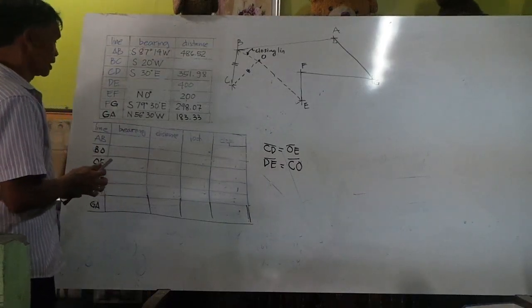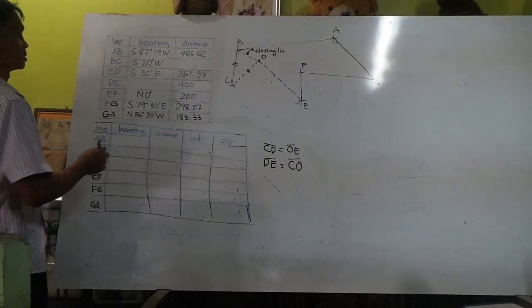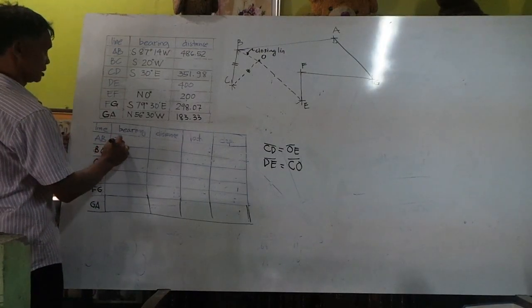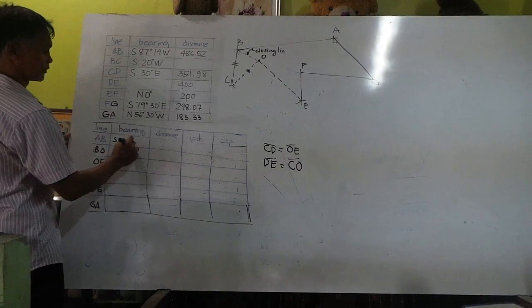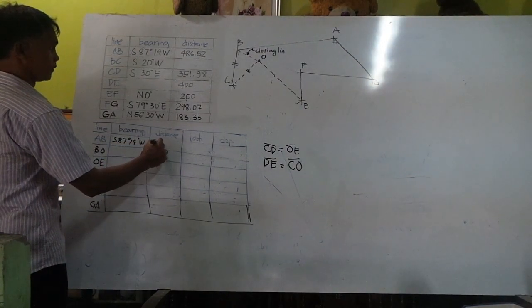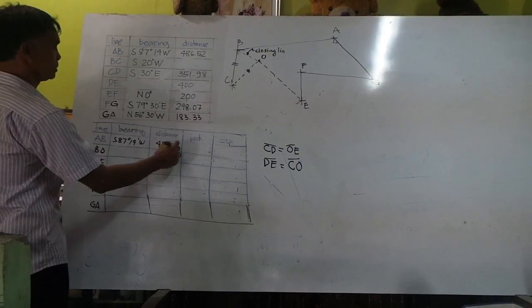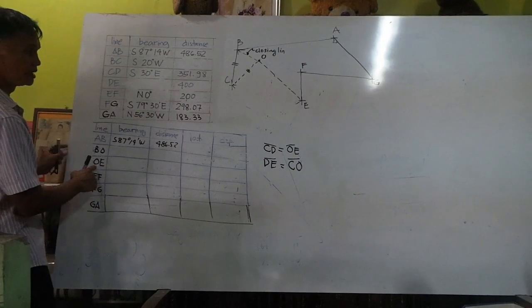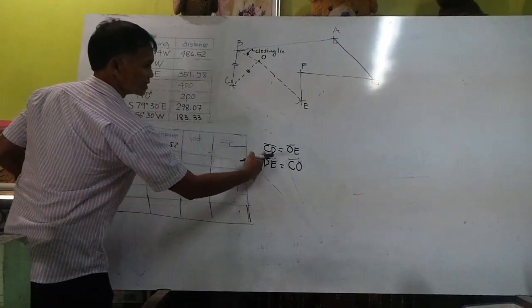So, what we are trying to solve now is your BO. So, naanamin yung AB na to. No? AB is south 87 degrees and 14 minutes west. Then the distance is 486.52. Then BO is ano? OA is just equals to your CD.